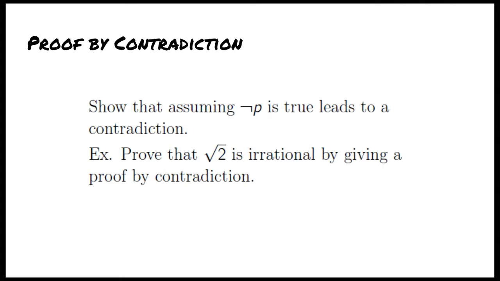To prove something by contradiction, we assume the negation of the proposition, and if that negation leads into a contradiction, then the original proposition is proven to be correct. In the class, we have proven the square root of 2 is irrational by giving a proof by contradiction.